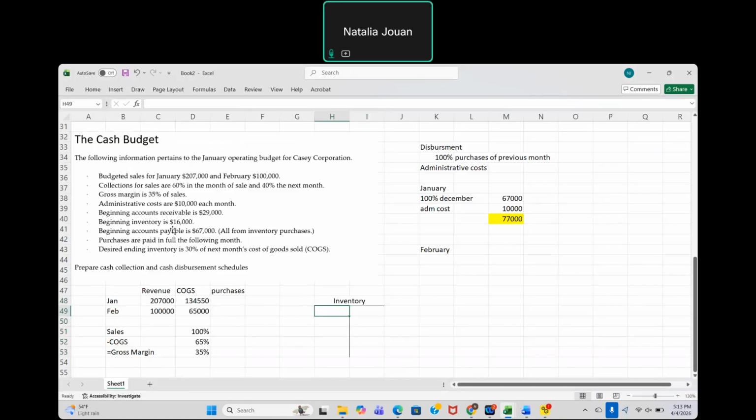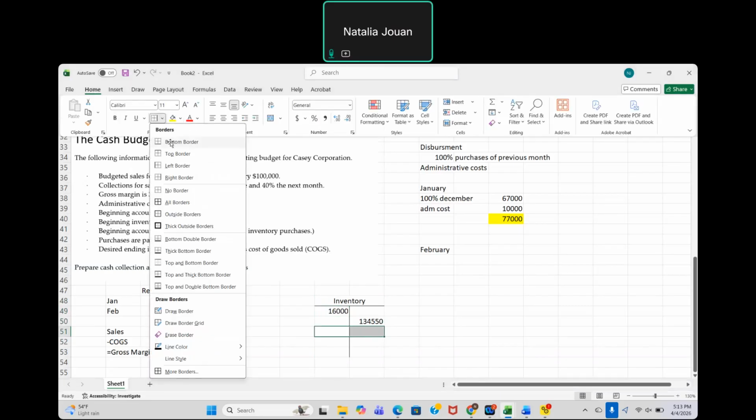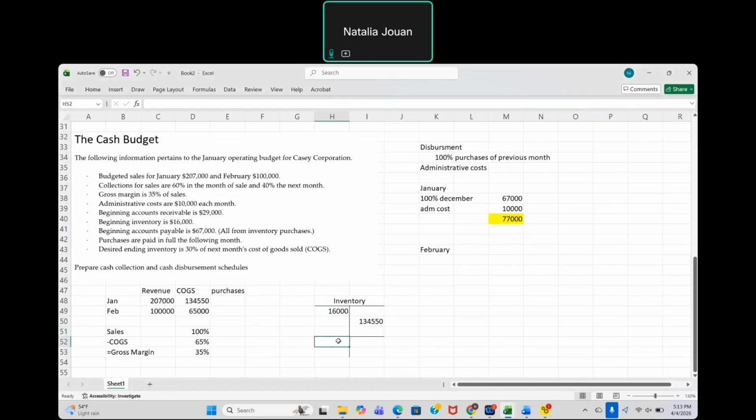We have a beginning inventory that is given to us of 16,000. We have cost of goods sold that we just figured out, 134,550. How much are we ending up with? Let's compute that. We have a desired ending inventory of 30% of next month cost of goods sold.